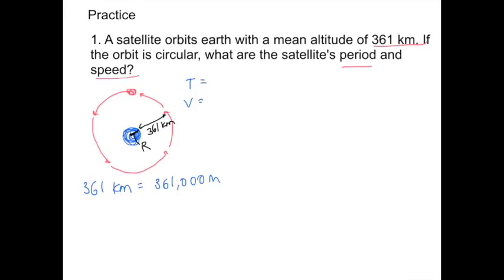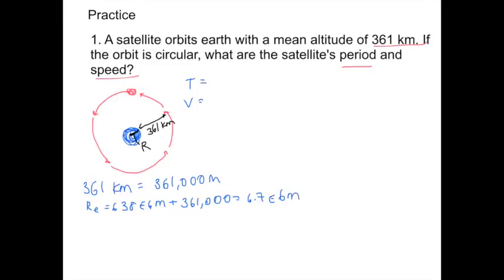So we know that the radius of the Earth is about 6.38 times 10 to the 6th meters. And then if we add on these 361,000 meters that the satellite has as an altitude above the Earth, we get that the radius is 6.7 times 10 to the 6th meters.